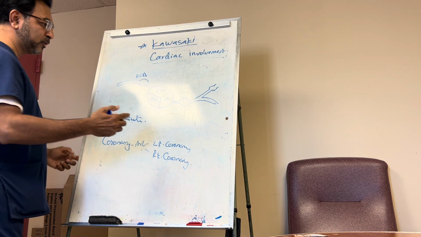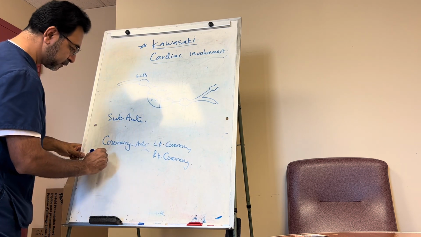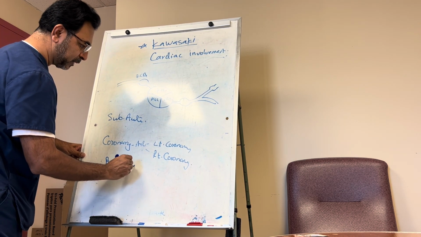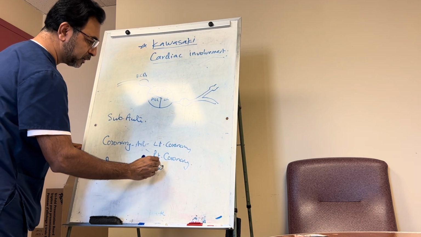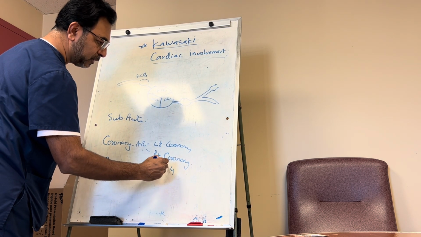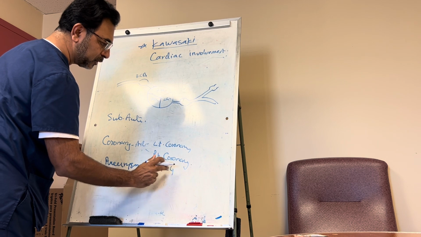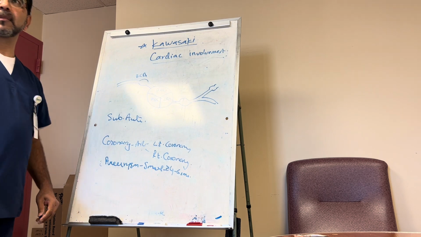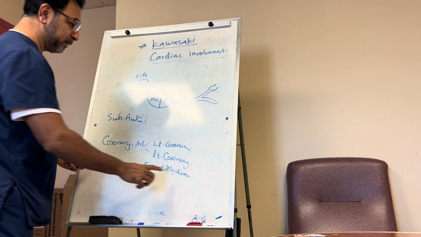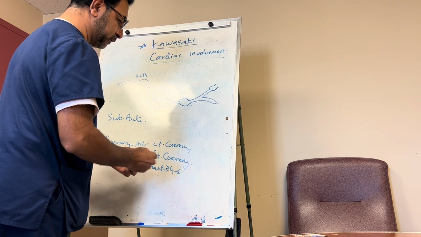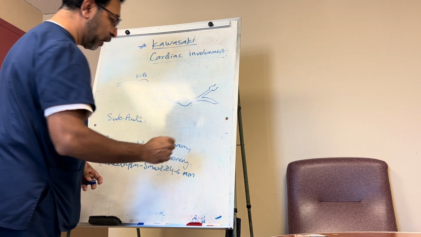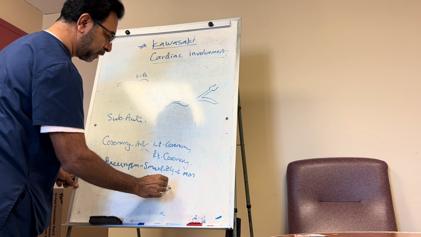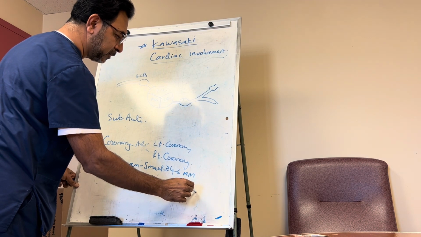Okay, but for most purposes, if you have small, it's usually greater than or equal to 4 to 6 centimeters. Okay, millimeters. Centimeters will be huge, right? And moderate will be 6 to 8.